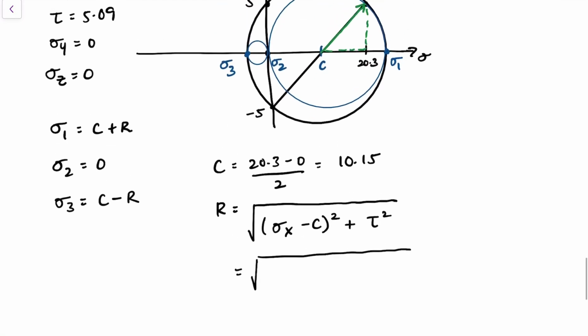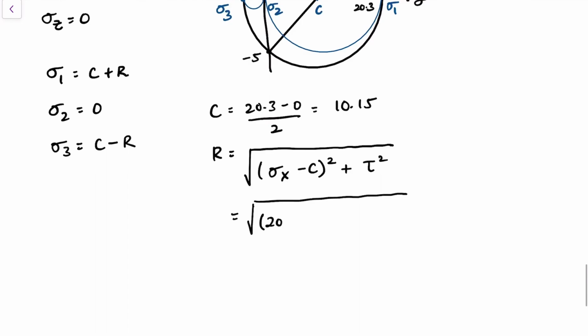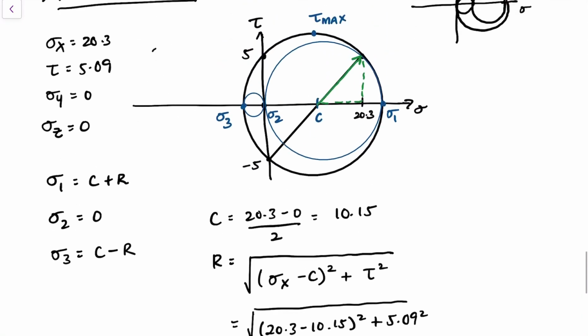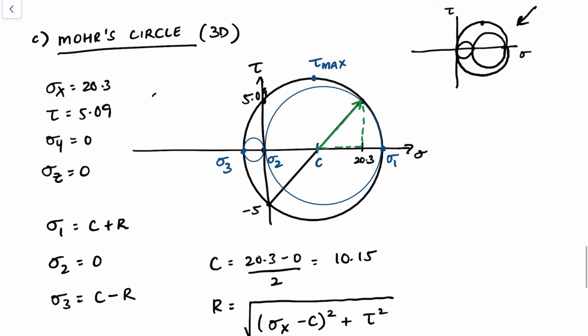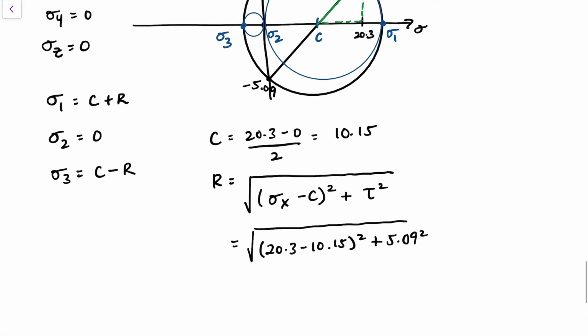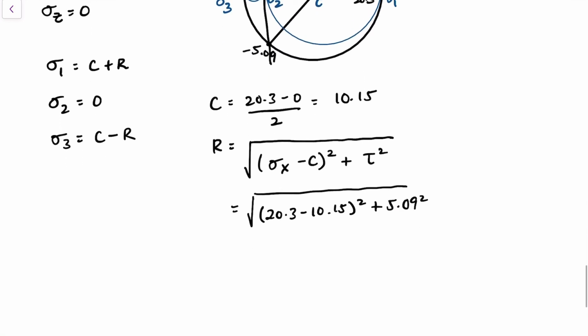So if I were to evaluate that, it would be 20.3 minus 10.15, the whole square, plus 5.09 squared. So R, or the radius of the circle, is 11.35 ksi.